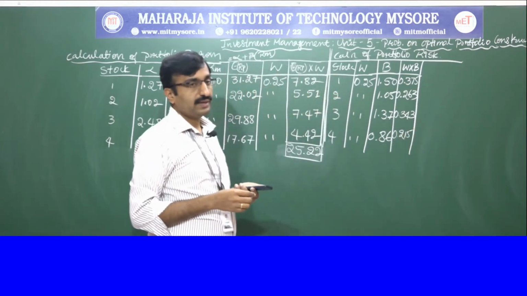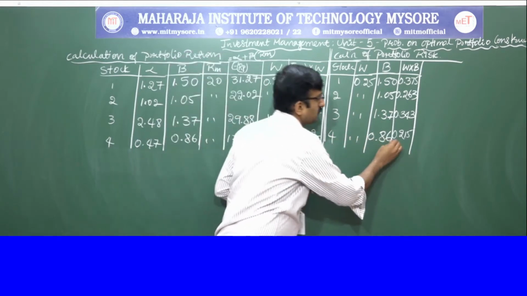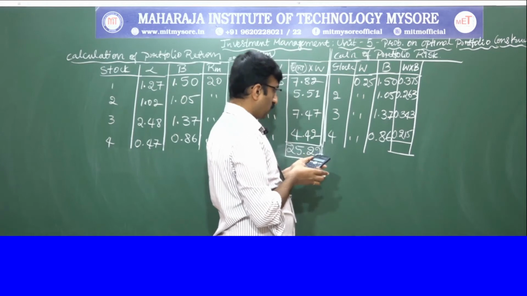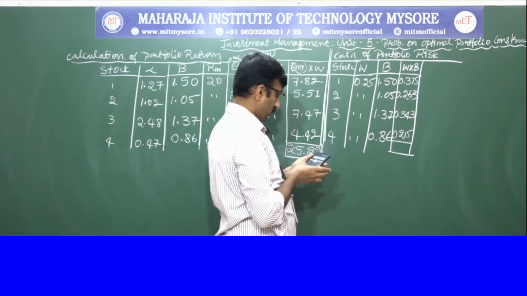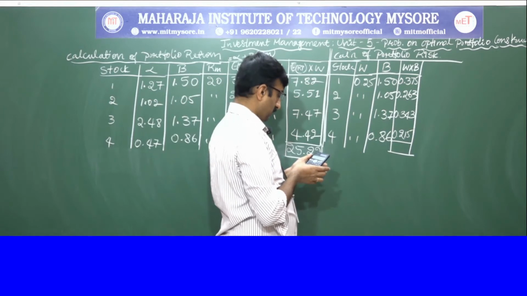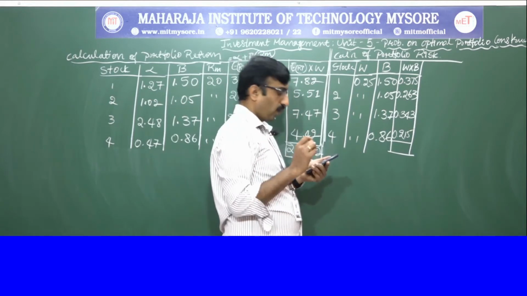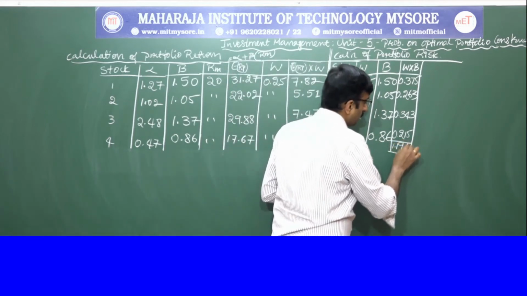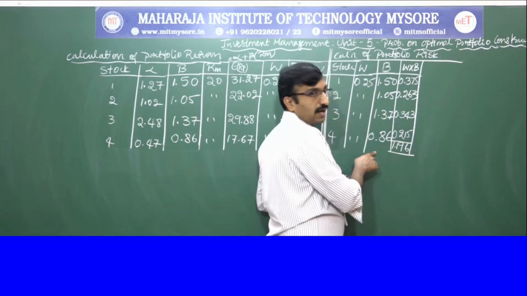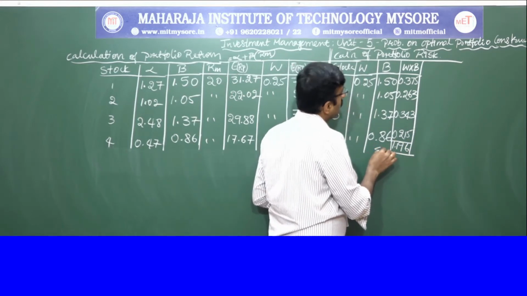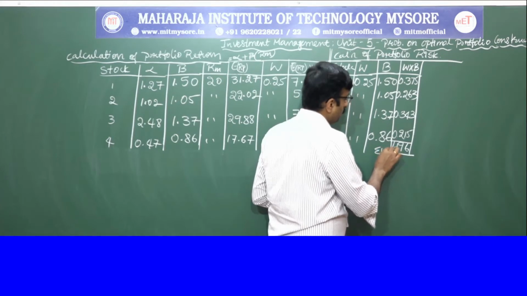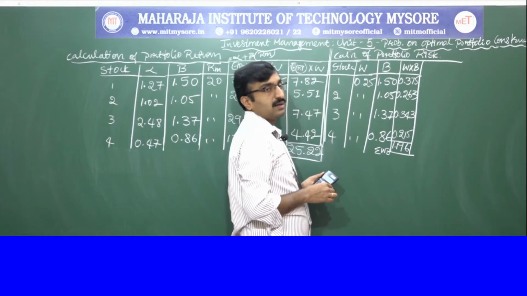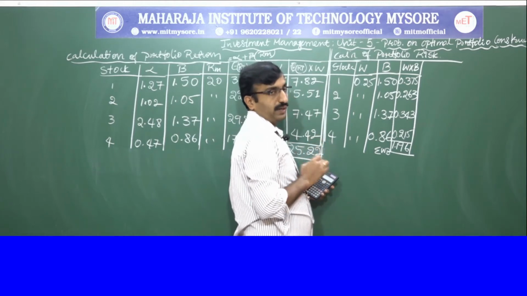So do the sum of this: 0.375 plus 0.263 plus 0.343 plus 0.215, we will get 1.196. This is called sigma weight into beta.